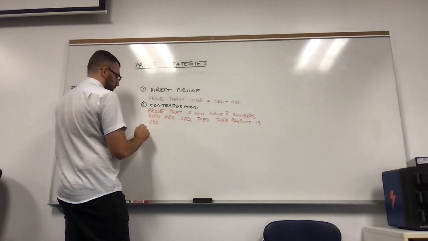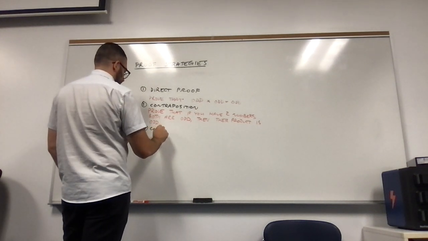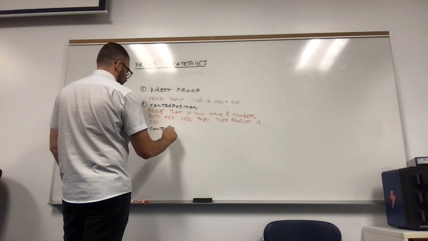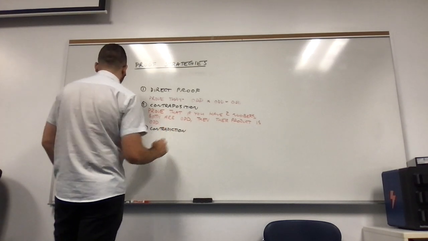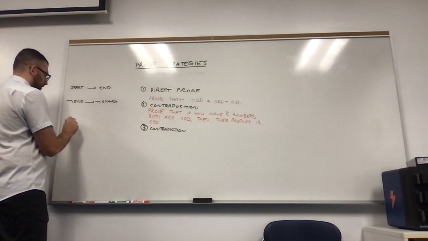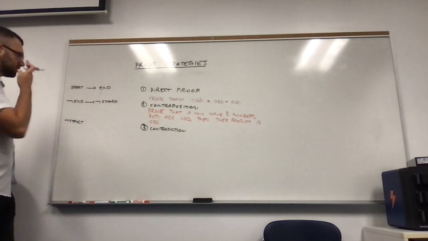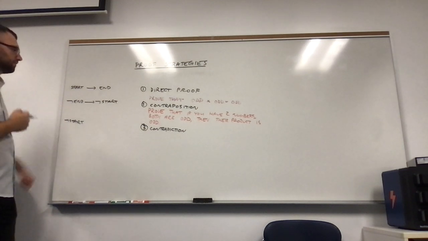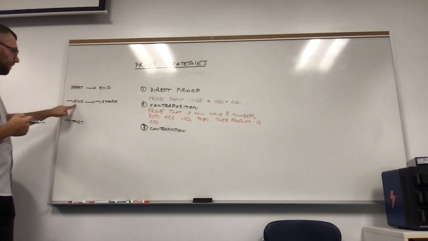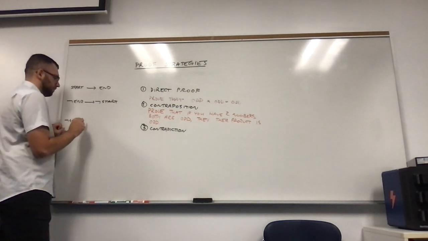Okay, the third basic one is contradiction. So what's contradiction? You start at the opposite of the start. Now that's different from contraposition. Contraposition, you start at the opposite of the end. Here you start at the opposite of the start.